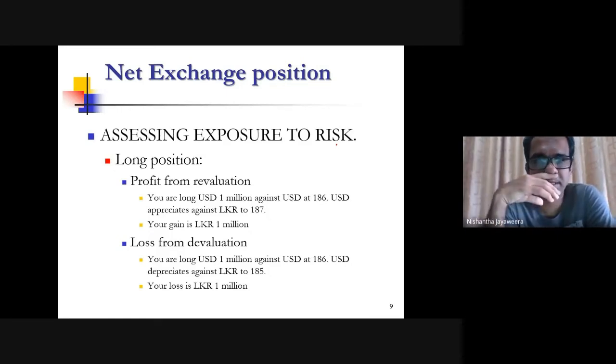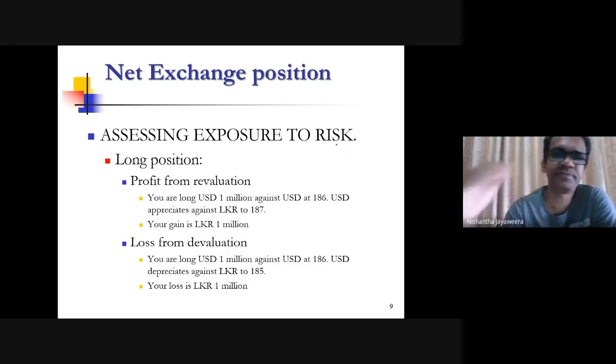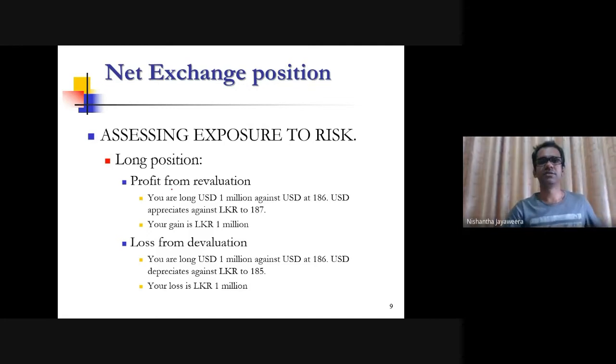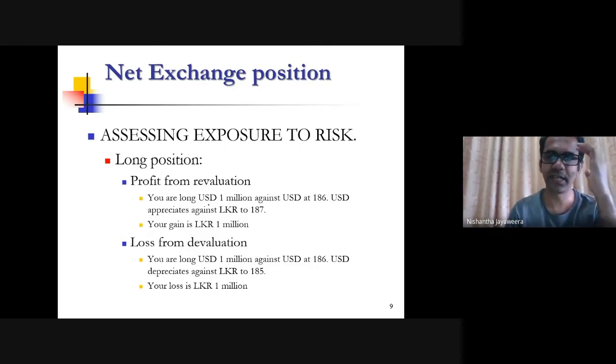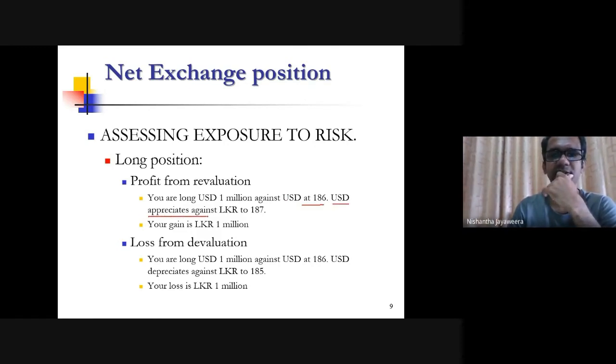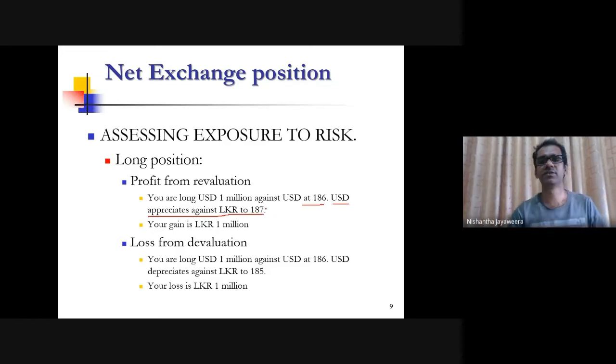So this summarizes it here. Assume you have a long position, profit from revaluation. Assume you have a long position in dollars. You are long $1 million against LKR at 186. So that means you have more assets than liabilities, $1 million. The current exchange rate is 186. What would happen if the dollar appreciates against LKR to 187?